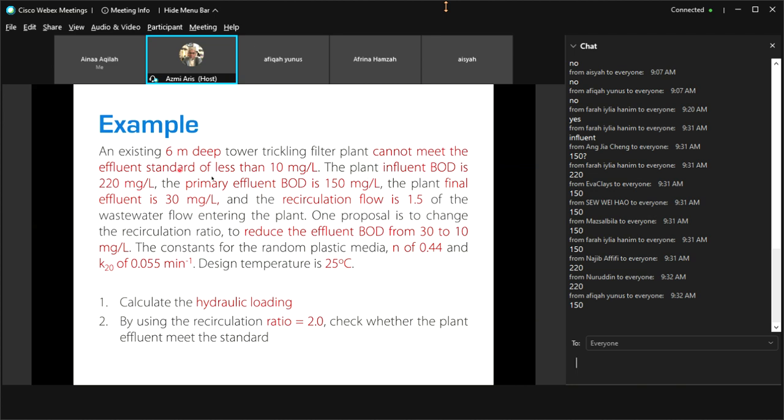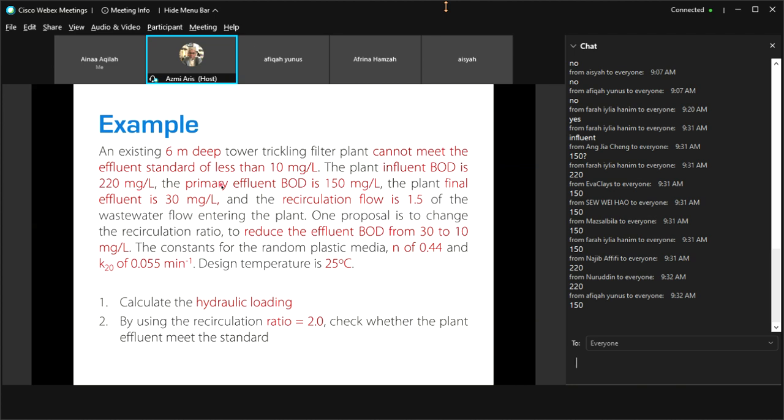This 220 gets into the primary clarifier. So this kind of statement is a common statement given during our exam. So you must understand well which value you should use, either the raw BOD or the effluent coming out from the primary clarifier.